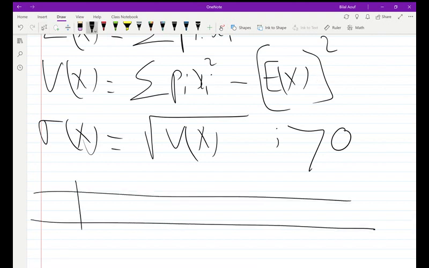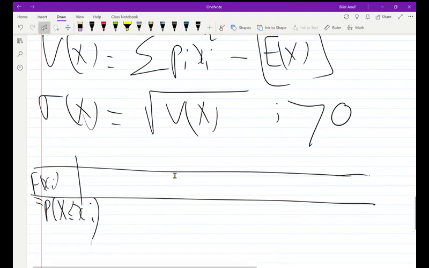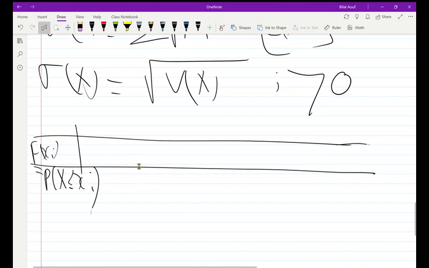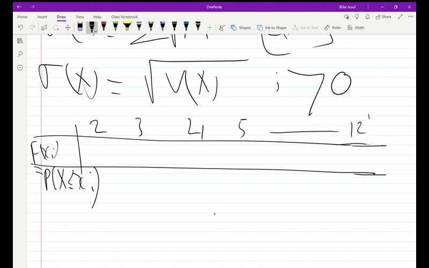I call it F(xi), the probability of X less than or equal to xi. This is the cumulative distribution function, and I calculate it for the values 2, 3, 4, 5 up to 12. In this function I do the sum of probabilities up to x.